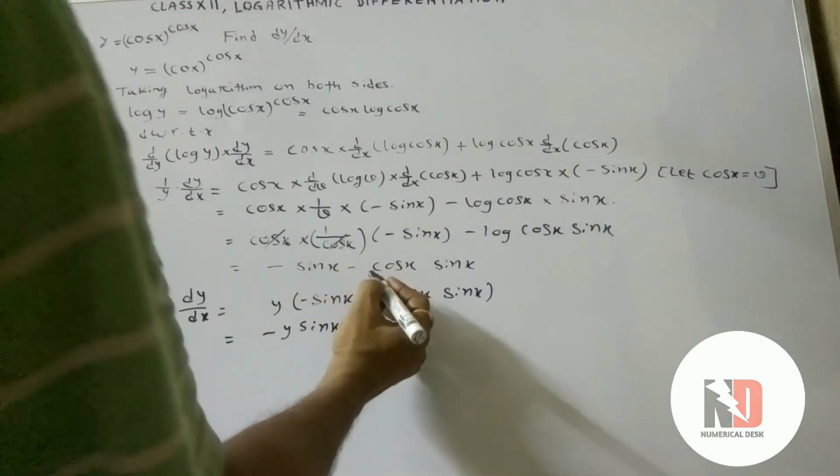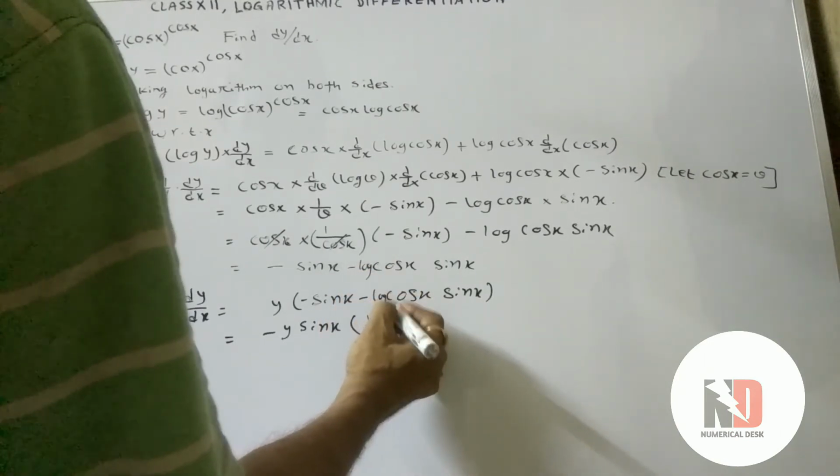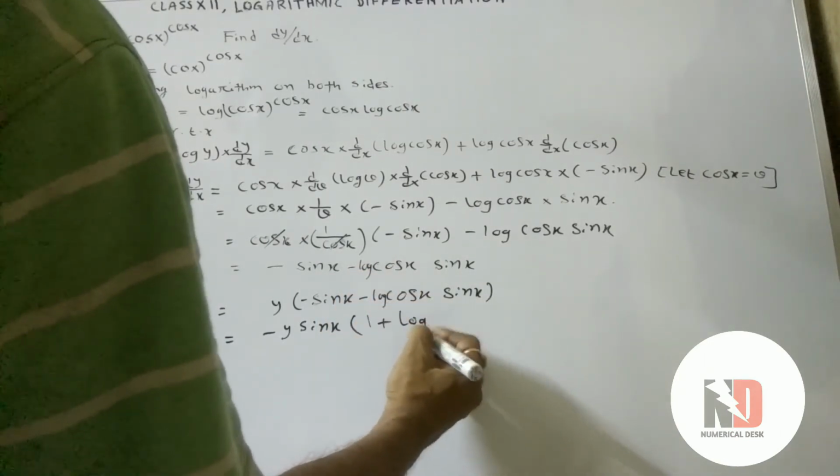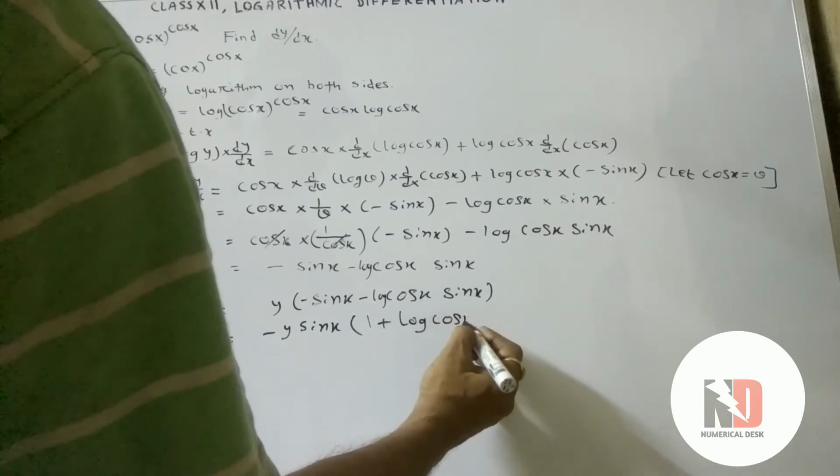In the above line I told you earlier, so it is resolved, making it correct. Now writing, it is 1 plus log cos x.